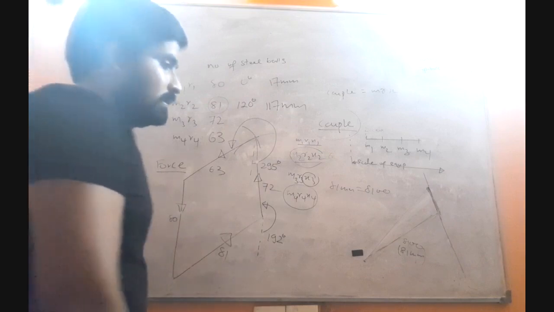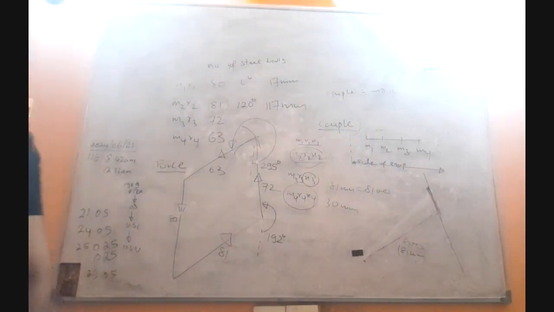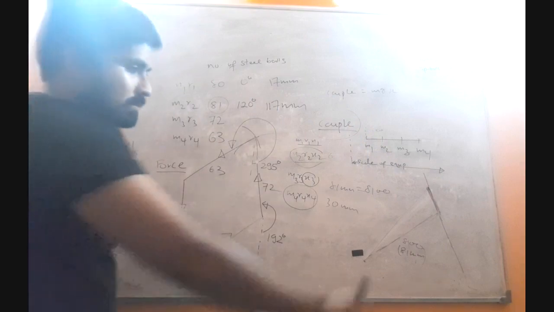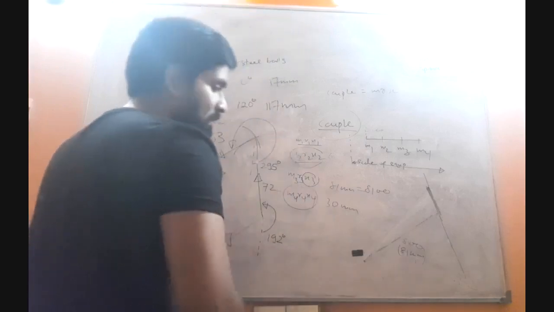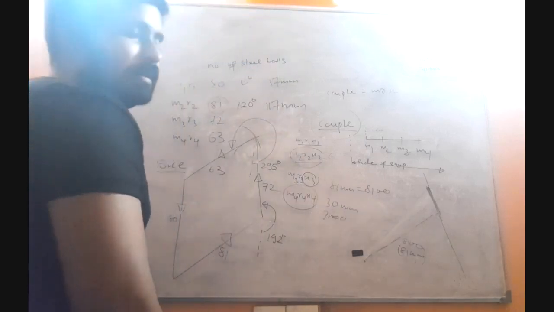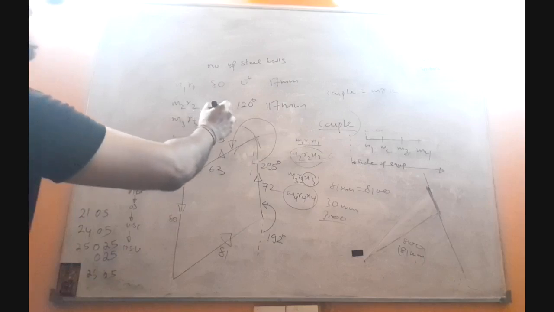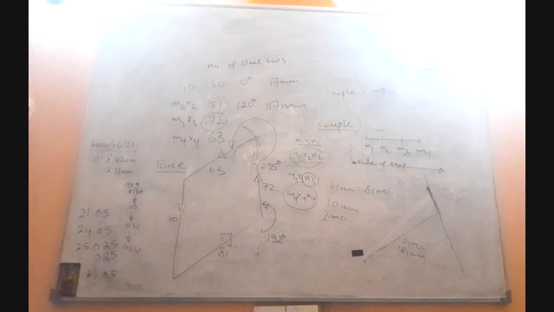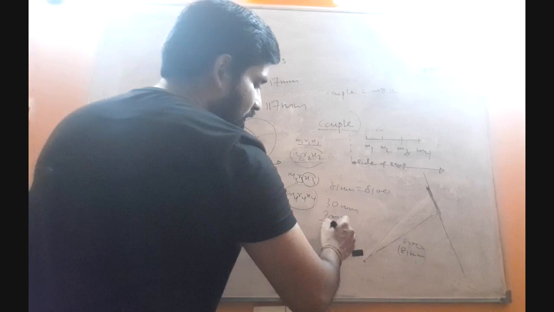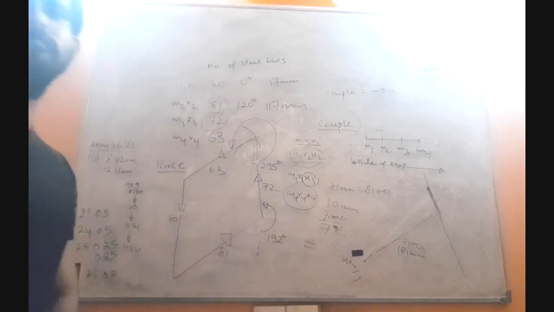Say for example, if this length is 30 millimeters, then multiply that by 100. That means 3000. So divide 3000 by number of bolts, 72. Then you will be getting that required distance in millimeters.